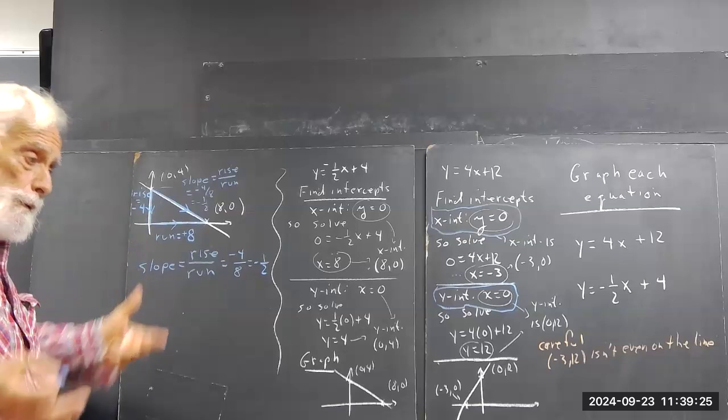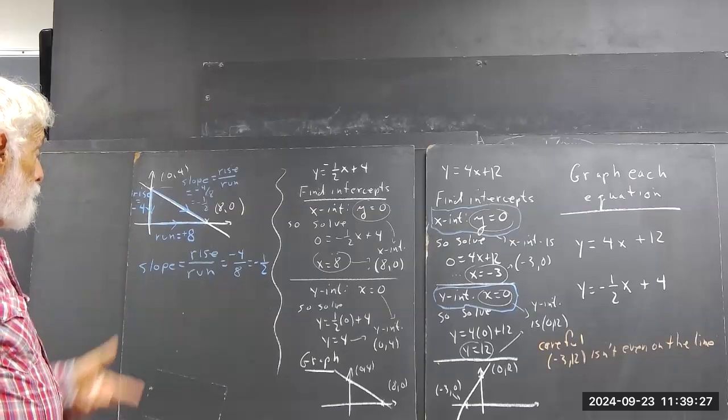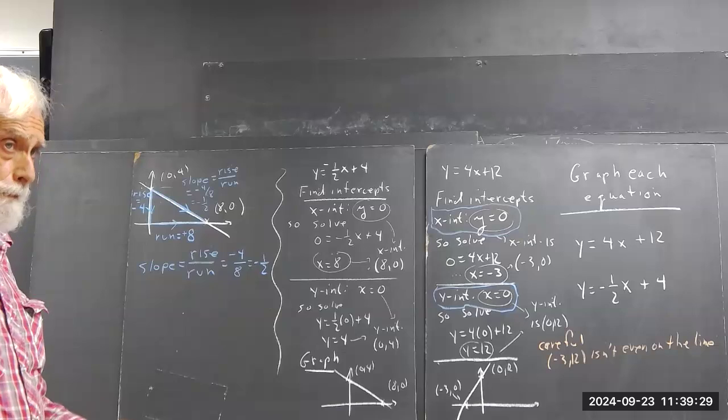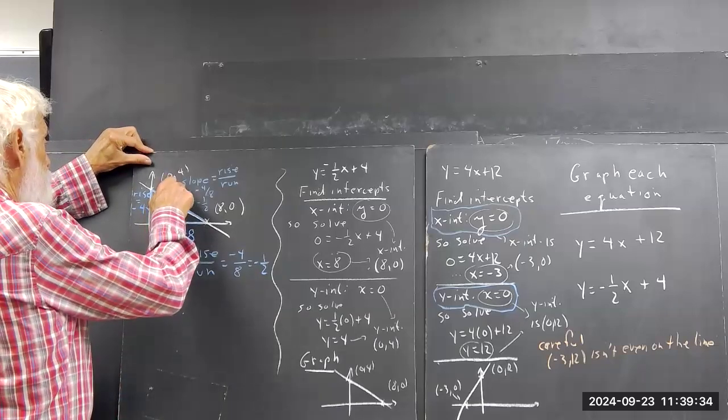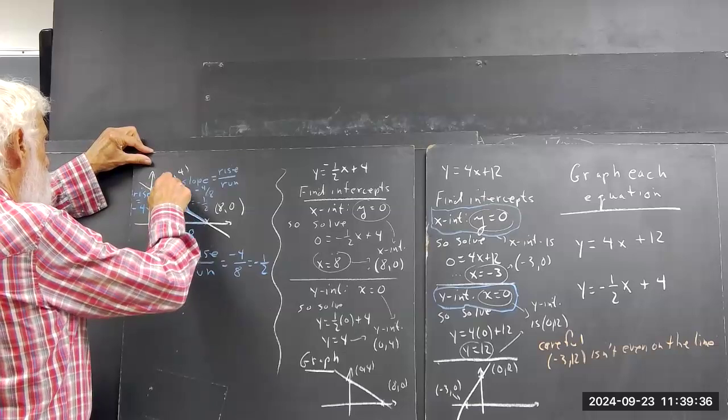So when you write this out, better leave yourself room to do this like I did. And then I like to see a -1/2 here.